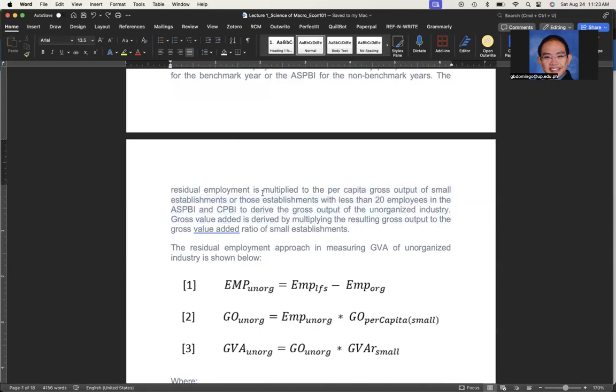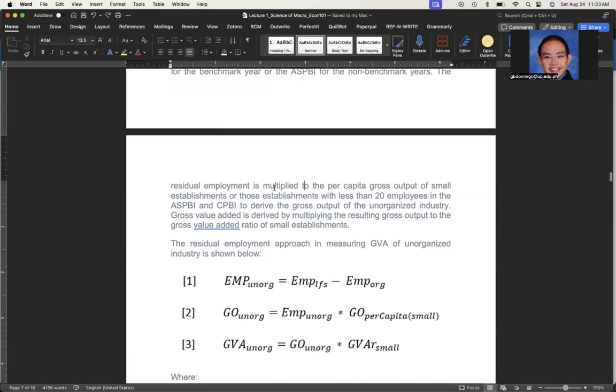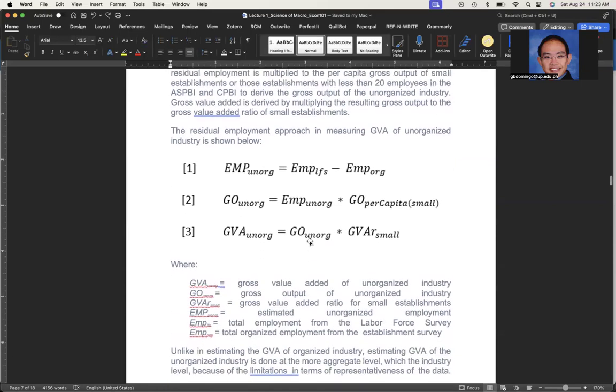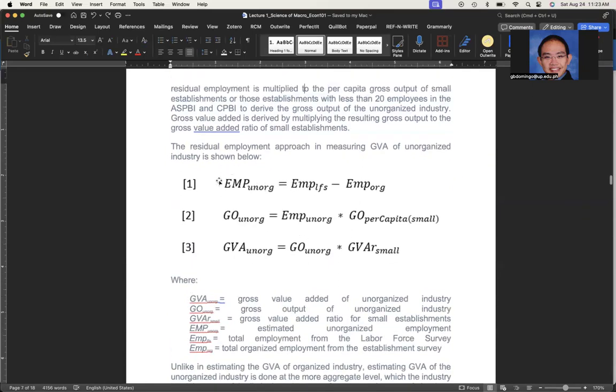So what this is saying is that once you have the labor for unorganized industry per 5-digit, right? What will happen per industry, I should say. What will happen? This is the employment of unorganized, which is the difference between the employment as measured by the LFS and the employment measured by the ASPBI or the CPBI, and the difference will be the employment. This same employment will be brought down here to equation 2.